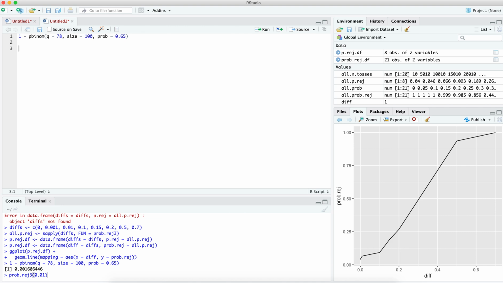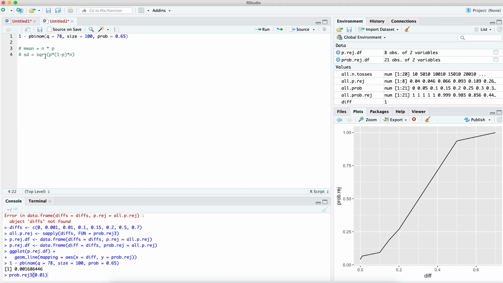Now we want the same thing but with a normal approximation. The normal approximation to the binomial has a mean of n times p, and a standard deviation of the square root of p times 1 minus p times n. The variance is the same thing without the square root.